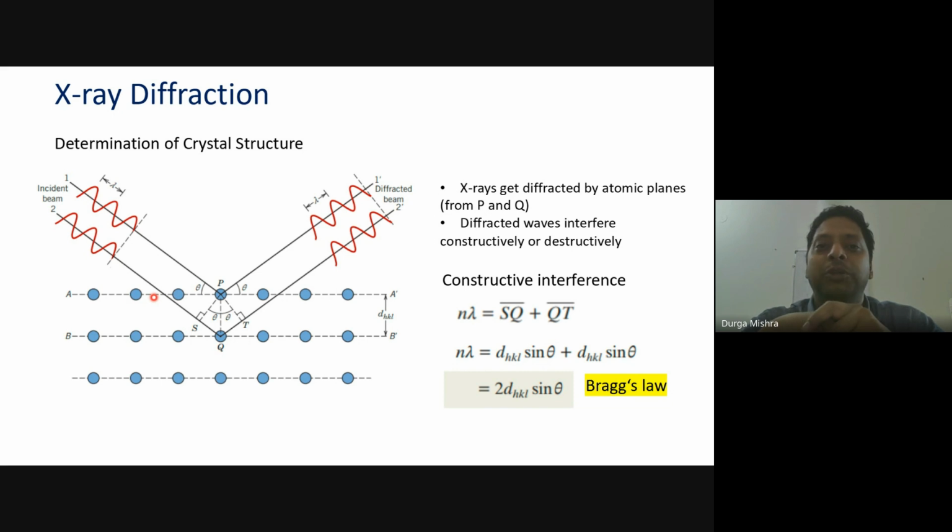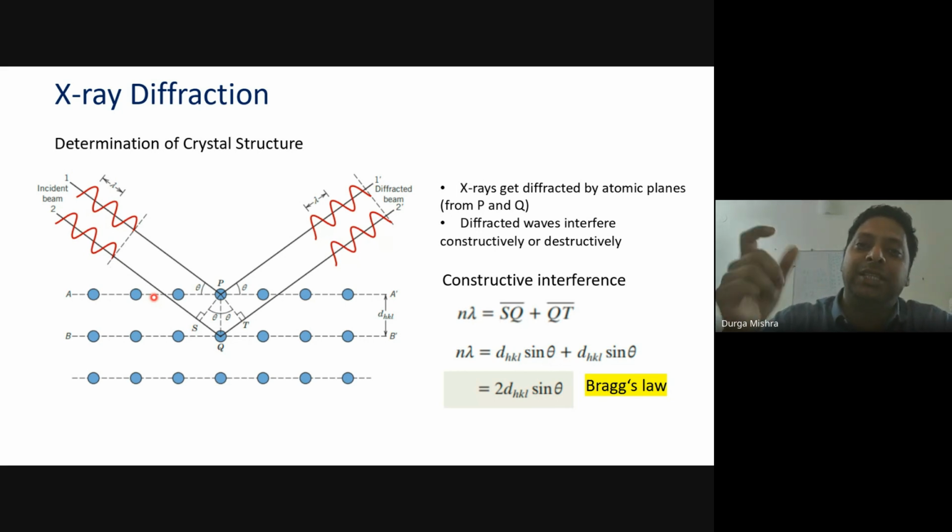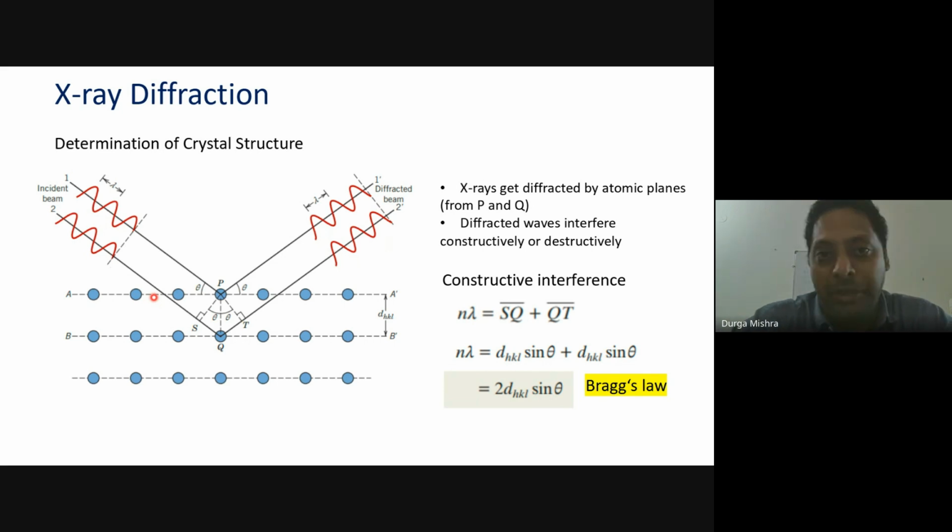If I want to do it with visible light, for example, I will take something known as a diffraction grating. That is what you use in optics. You make this diffraction grating or slits, where the slit widths and sizes will be of the order of a micron, or let's say a few hundred nanometers.